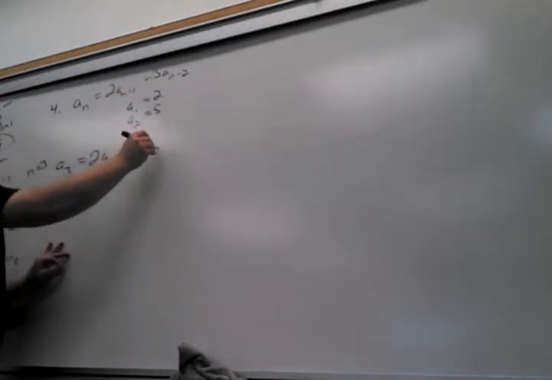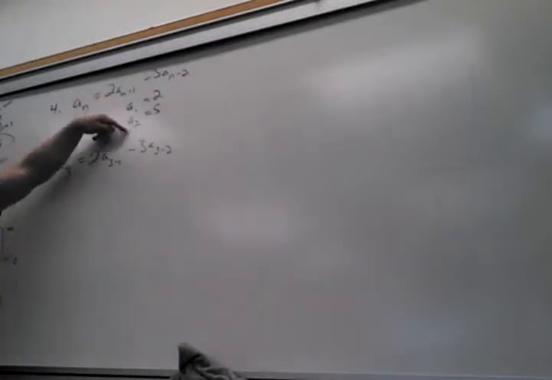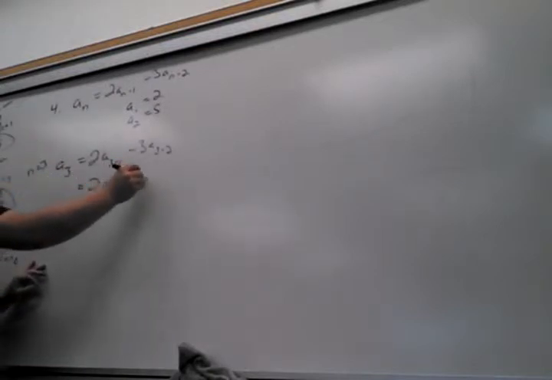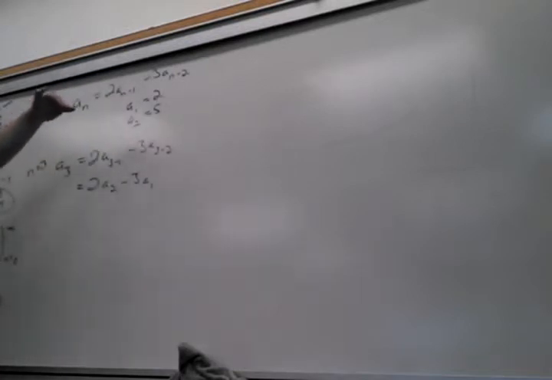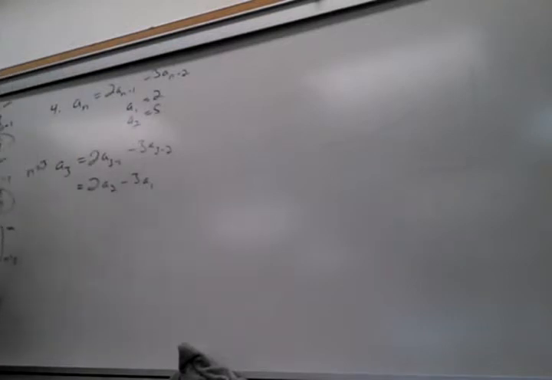I don't really blame you because you haven't really done this kind of stuff before, but do you see how, this is why they have to tell me 2 values, because A3 is twice A2 minus 3 times A1. And thankfully I know what those values are. This is just like saying f of 1, f of 2, where the function is A, the sequence definition. Everything I just said makes some kind of sense? Yes. It really is a function of N.